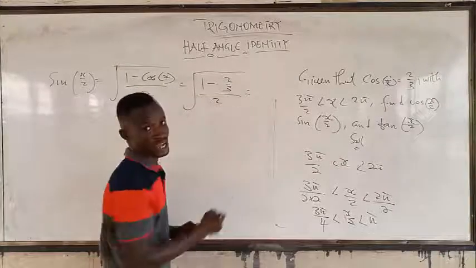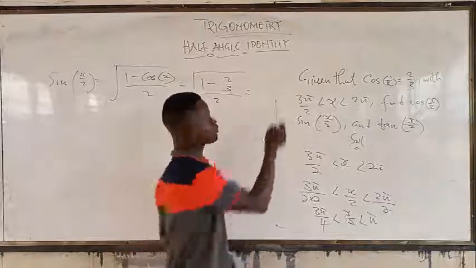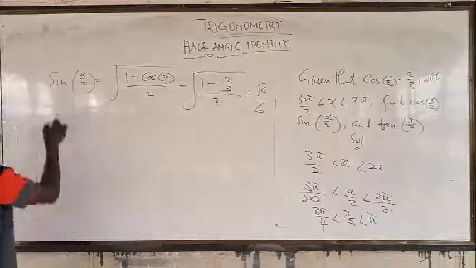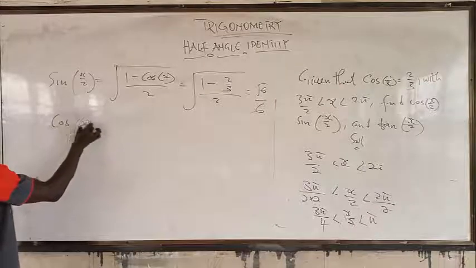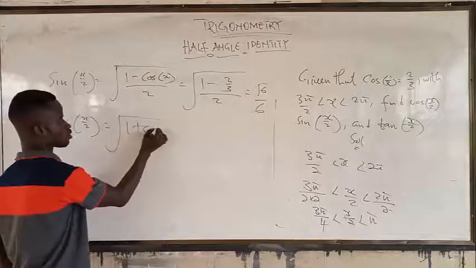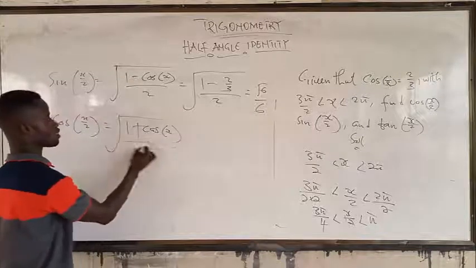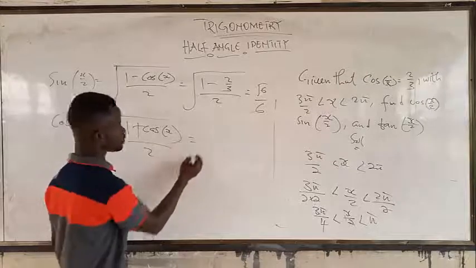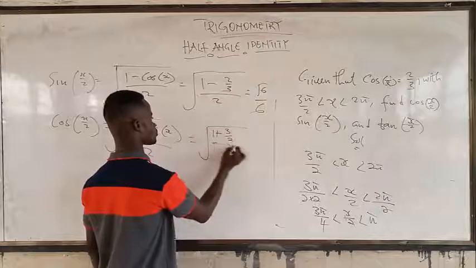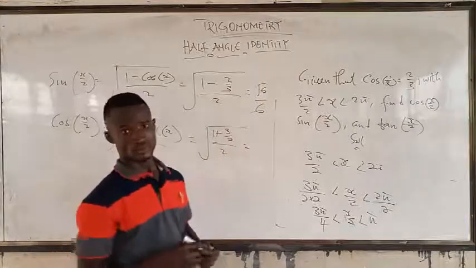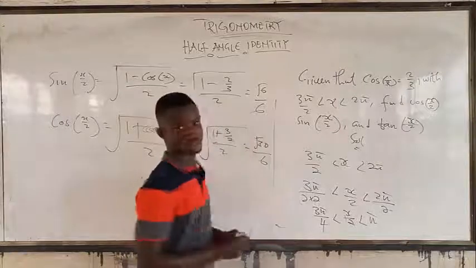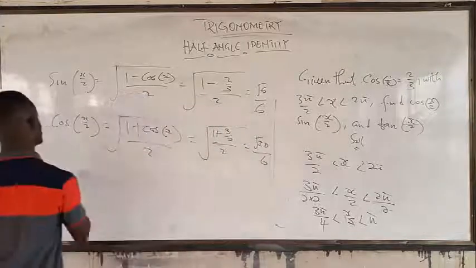So when you simplify, you are going to get square root of 6 over 6. Then you go for cos X over 2, and that is the square root of 1 plus cos X over 2. This is going to give you square root of 30 over 6. So that's the exact value.